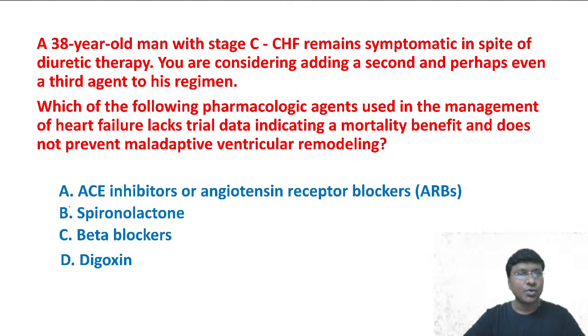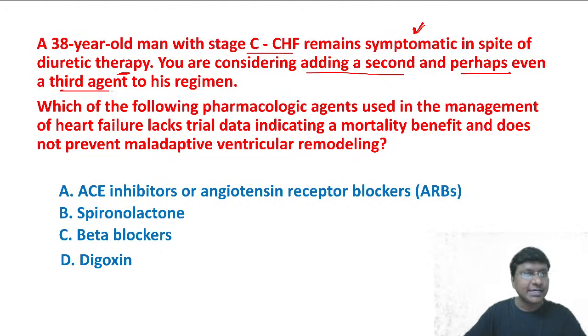A 38-year-old man with stage C congestive heart failure remains symptomatic in spite of the diuretic therapy, and you are considering adding a second and perhaps a third agent to his regimen.